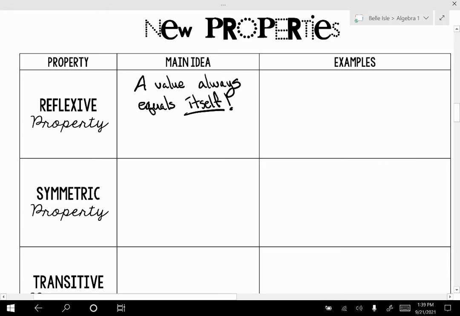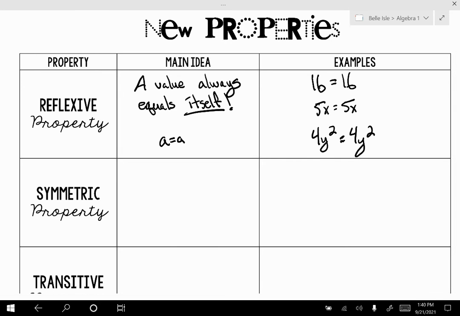Itself. A equals A. Okay, so for example, 16 equals 16. Okay, 5x equals 5x. 4y squared equals 4y squared. Always. Now you really know.